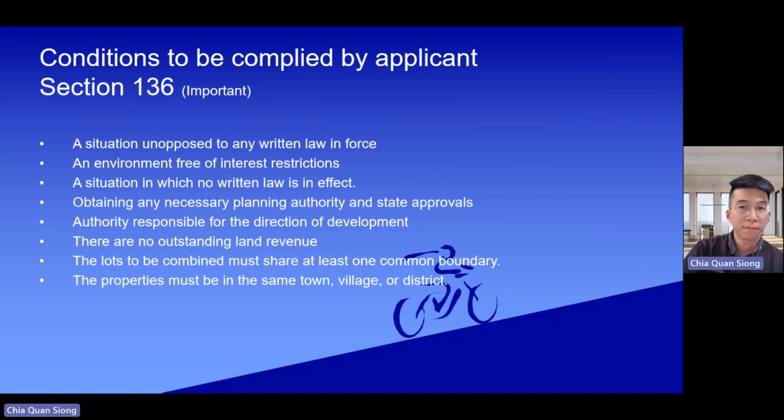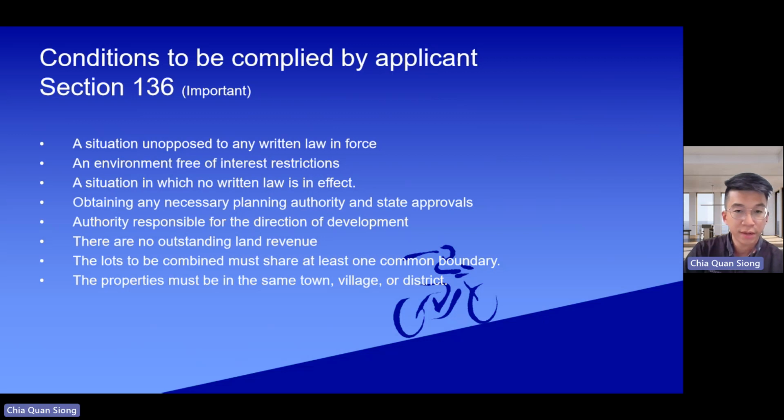And the conditions to be complied with by the applicant, Section 136, which is very important. A situation unopposed to any written law in force, we must follow the rules. An environment free of interest restriction. And environment friendly means without any harm to our Mother Earth. A situation in which no written law is in effect, without any prohibition of law.